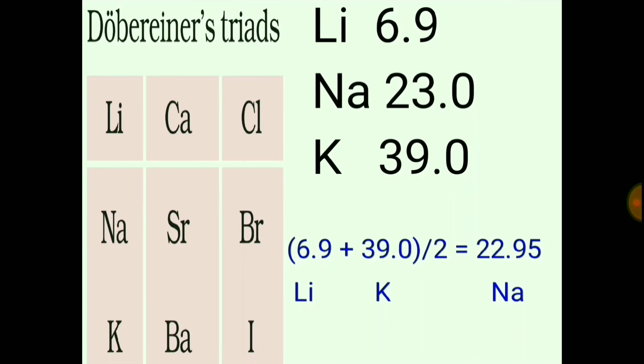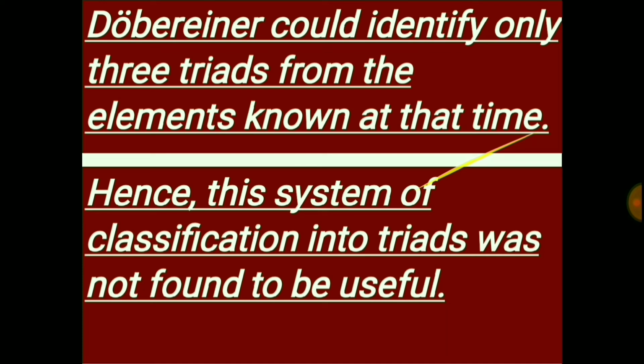In the first column, when the average of atomic masses of lithium and potassium is calculated, it equals 22.95, which is approximately equal to the atomic mass of sodium, the middle element between lithium and potassium. Dobereiner could identify only 3 triads from the elements known at that time. Hence, this system of classification into triads was not found to be useful.